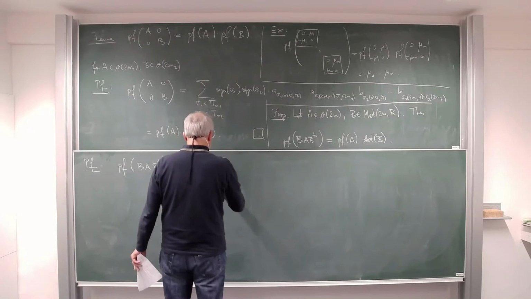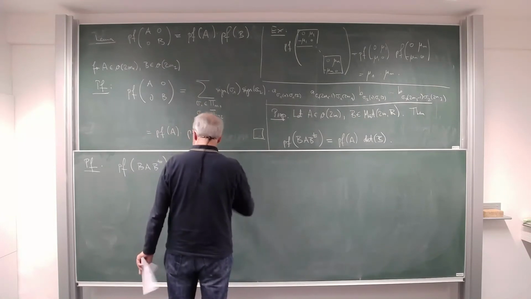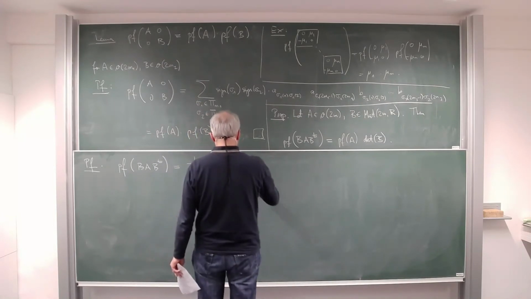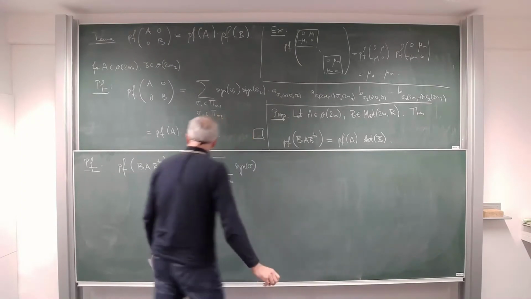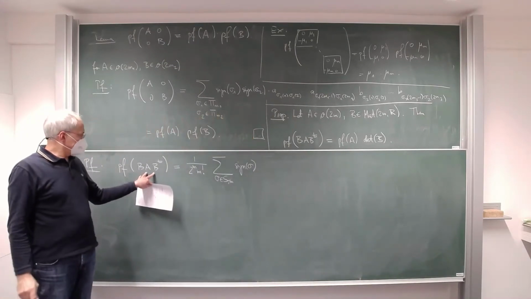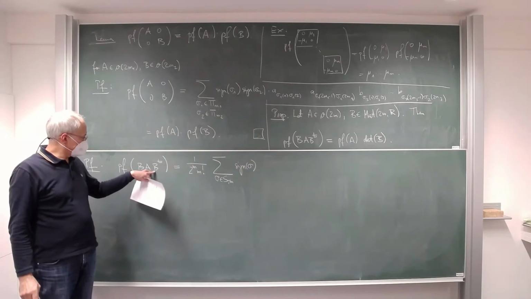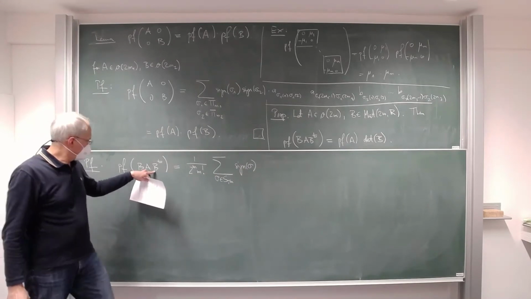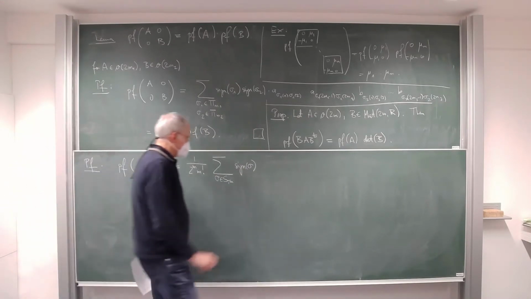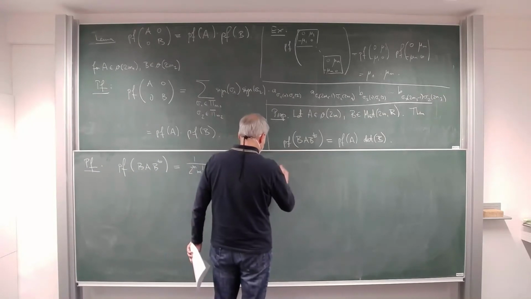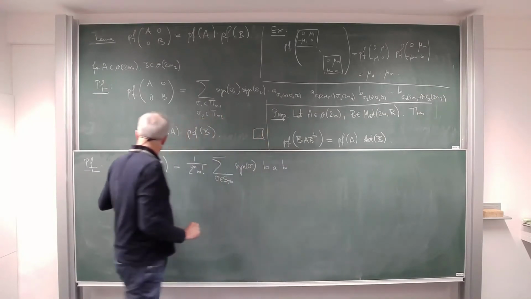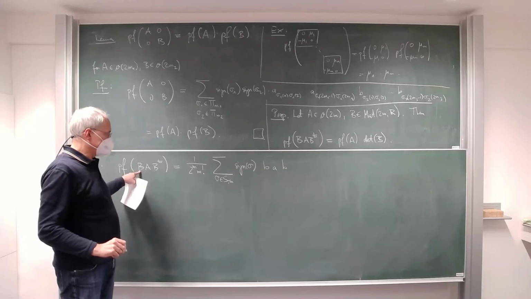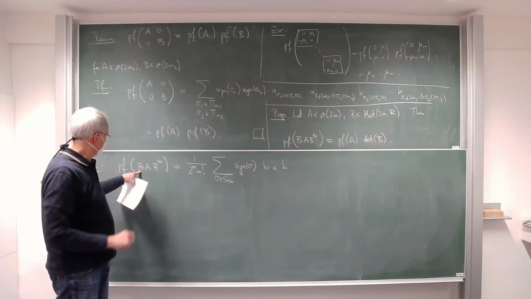Then I have permutations. Then I have the sign of the permutation. And now I have to take this matrix here, this product of three matrices, and apply it like this, and then take a look at particular indices given by this permutation.